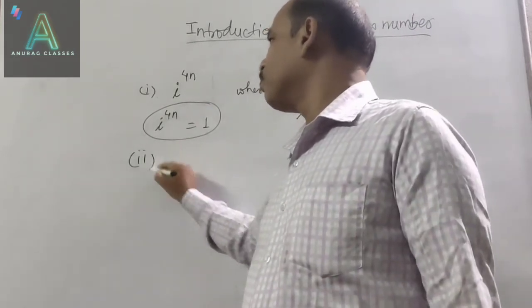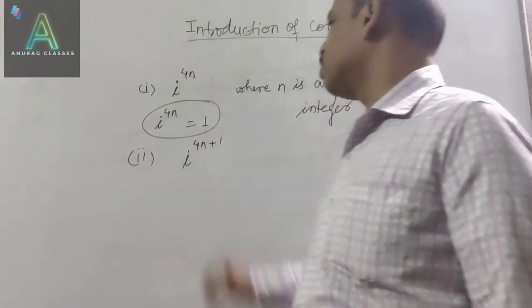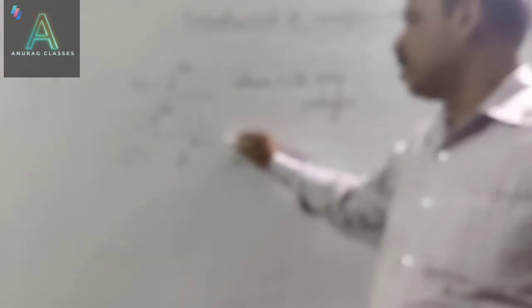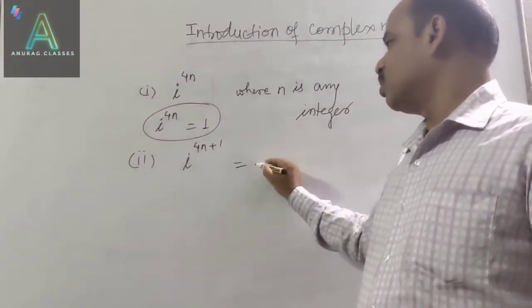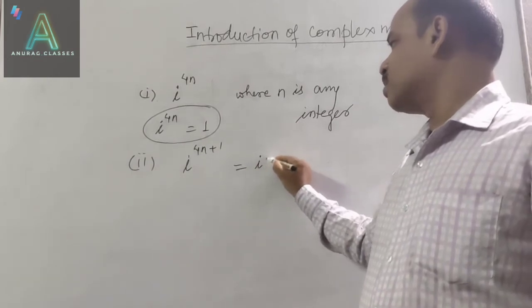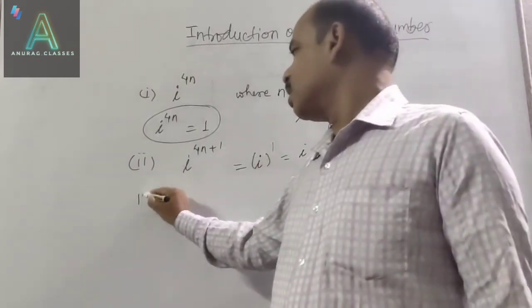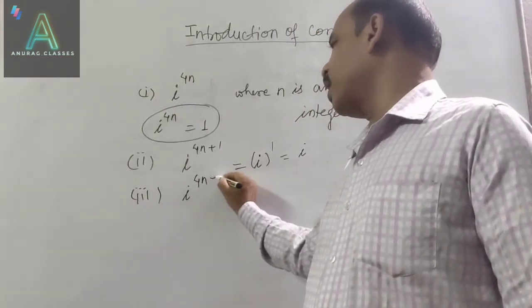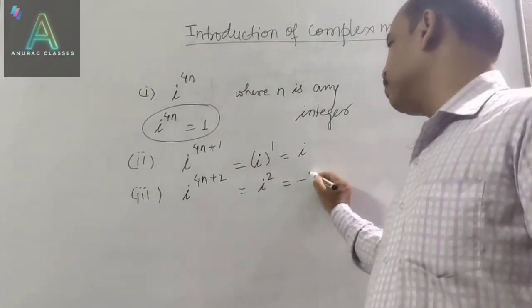Number 2, I to the power 4n plus 1. We have discussed in our example that here 1 will be the remainder by dividing by 4. So the answer will be iota to the power 1, meaning iota. And if it is iota to the power 4n plus 2, then your answer will be iota square, which will be minus 1.